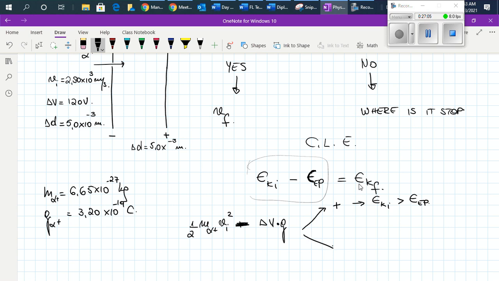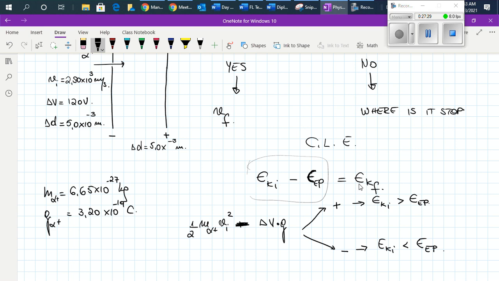And if it is negative, then that means that the initial kinetic energy is less than the electric potential energy, which means that the initial kinetic energy of the particle is quote unquote eaten up by the electric potential energy between the two plates.